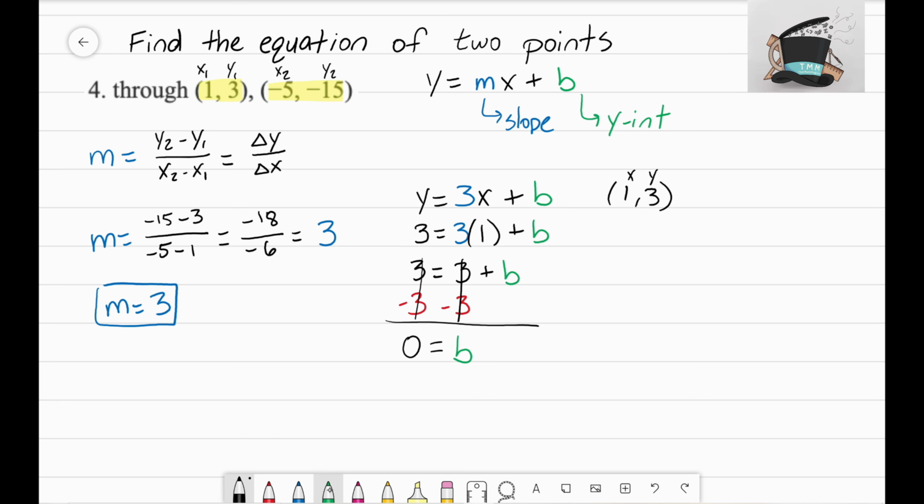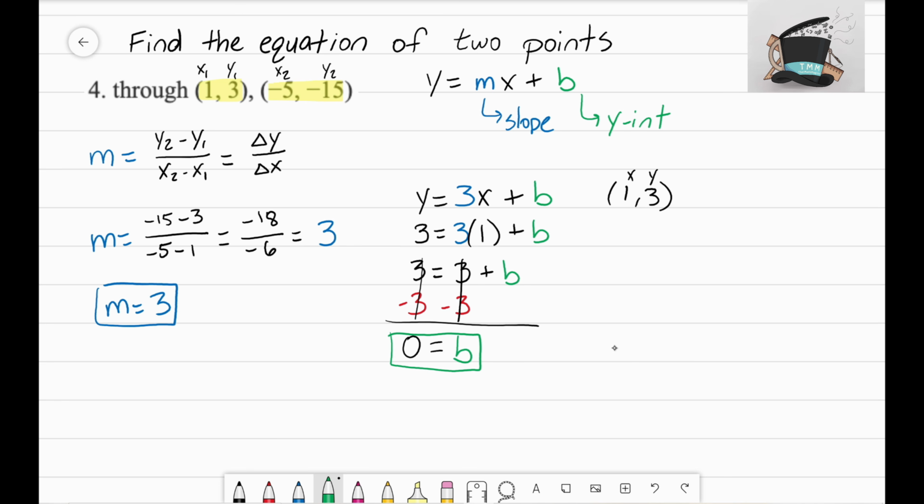Now we have solved for our slope and our y-intercept. Now that I have solved for m and b, I can write our final equation. Remember, our final equation is up here, y = mx + b.